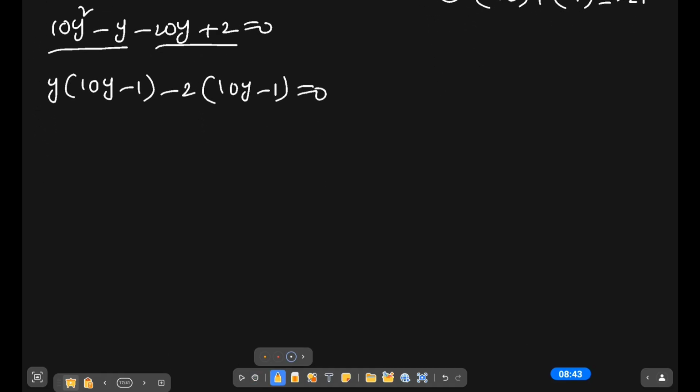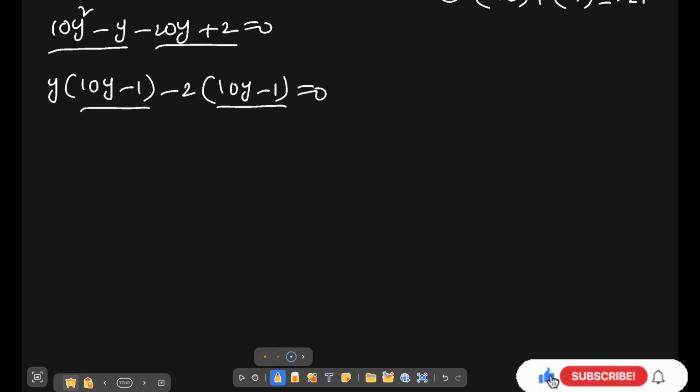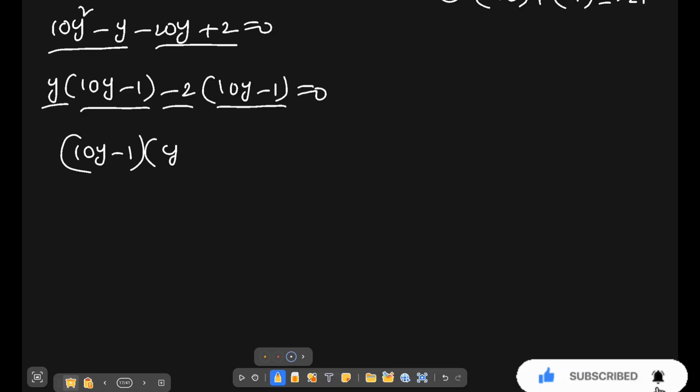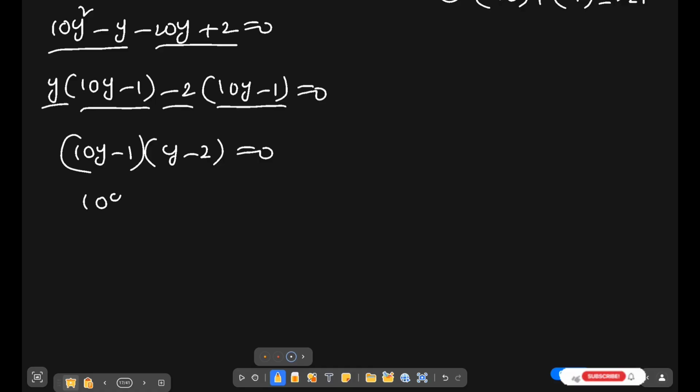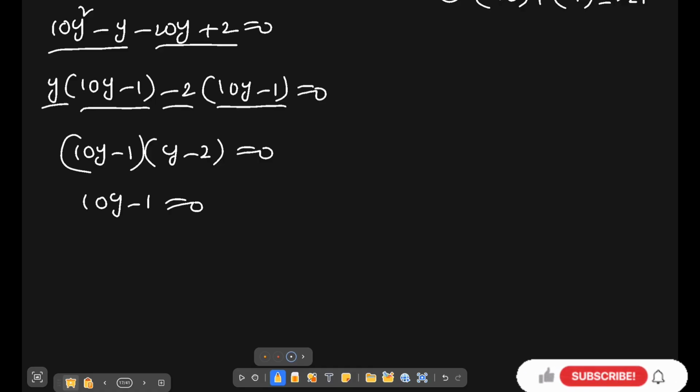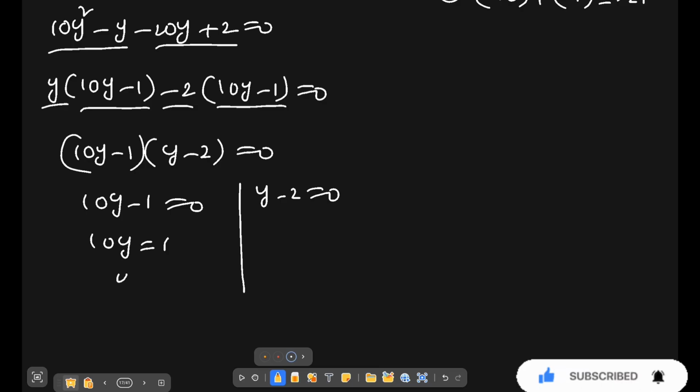So again we can take this 10y minus 1 common. 10y minus 1 of y minus 2 equal to 0. Otherwise we can write 10y minus 1 equals 0 or y minus 2 equals 0. Here 10y is equal to, if you send minus 1 to the right side, 1, and send 10 to the right side, 1 by 10.